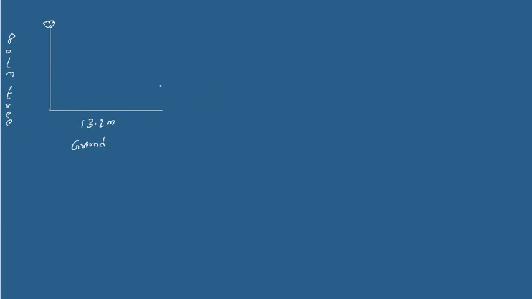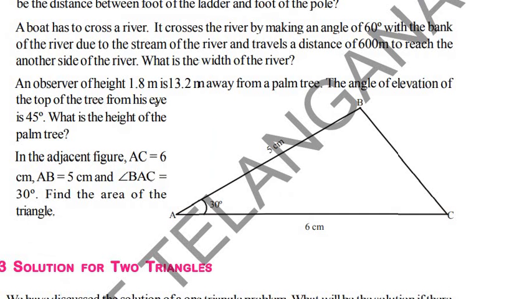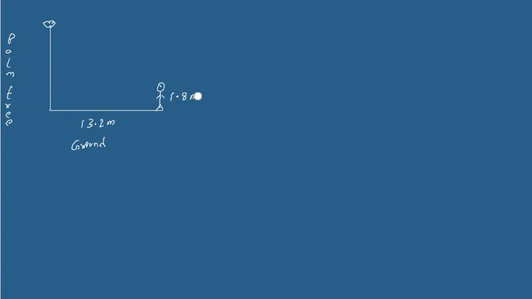The observer. This observer's height is given this time, 1.8 meter. Now let's make sure the diagram is clear. The observer is there, the palm tree is there, 13.2 meter away. Any doubt in this?